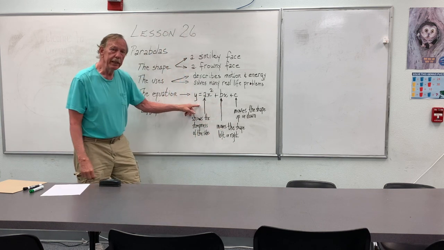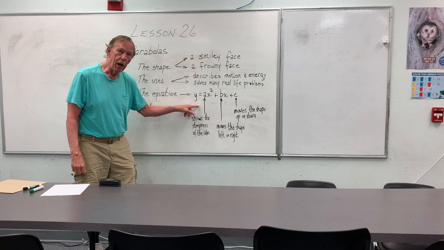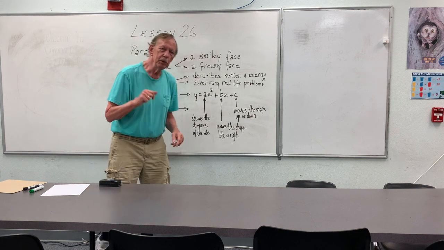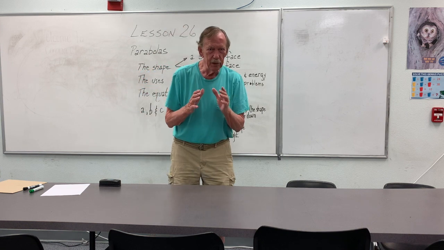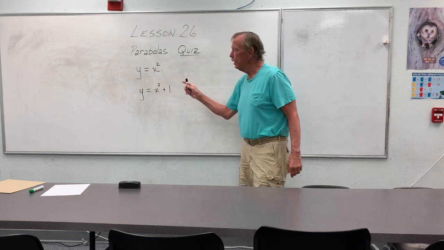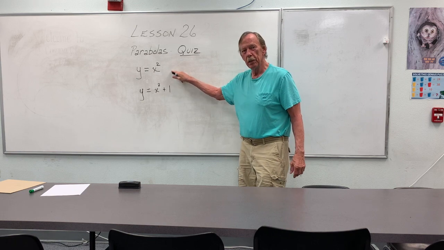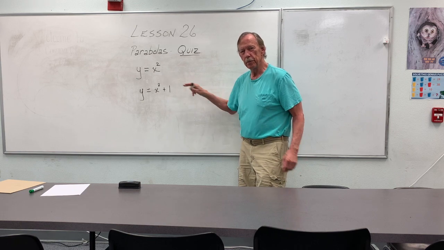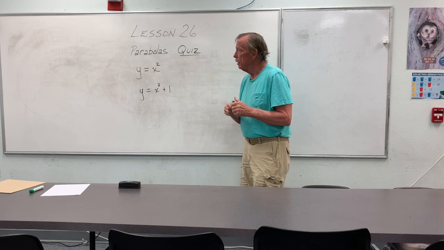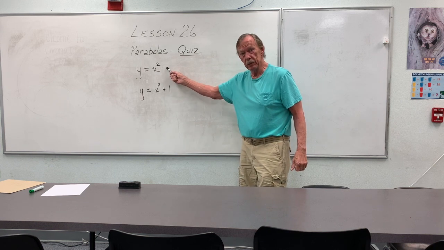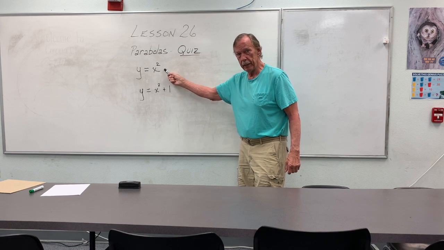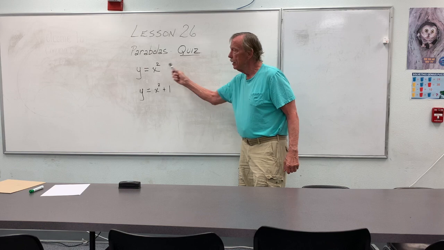So, looking at the equation, we can determine a lot about a parabola. Let's do a few questions and see if this sunk in. In this question, I want you to tell me what's going on here. Well, if you've been following, b is 0, there's no x term, so the parabola is right on the y-axis.